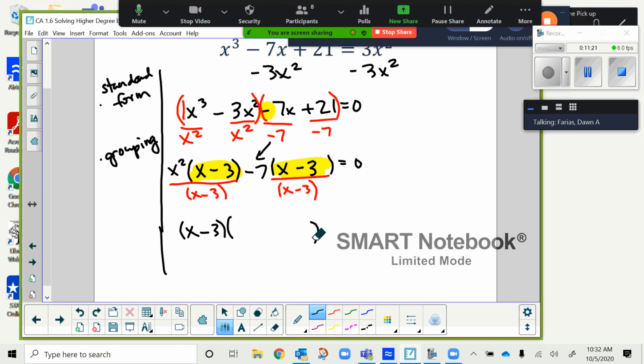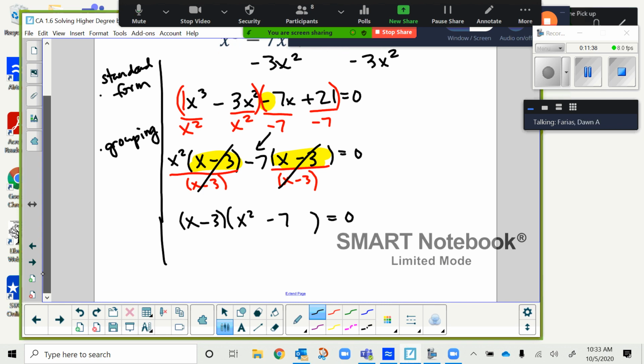And in the first group, when I take x minus 3 out, I'm left with the x squared. And in the second group, when I factor out the x minus 3, I'm left with -7. I'm just factoring out the x minus 3.